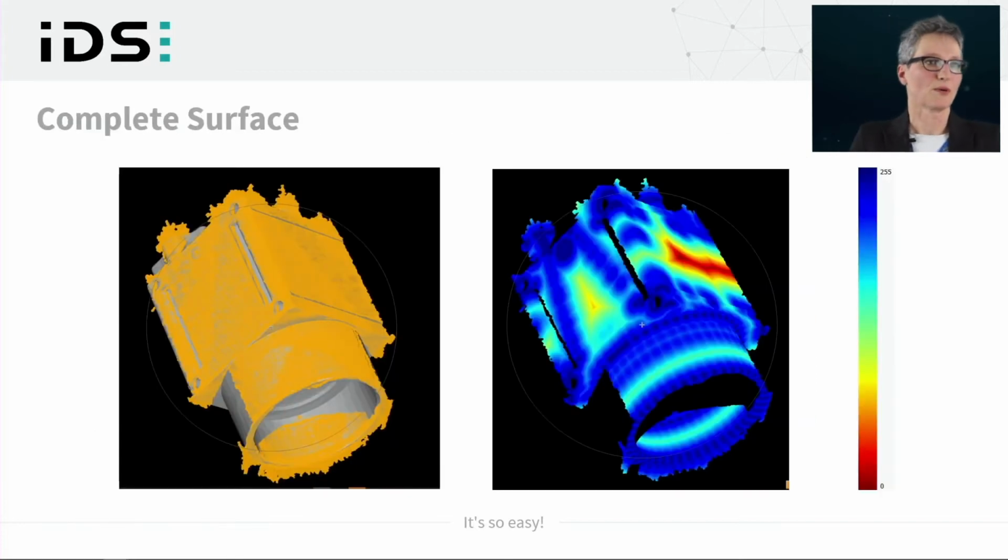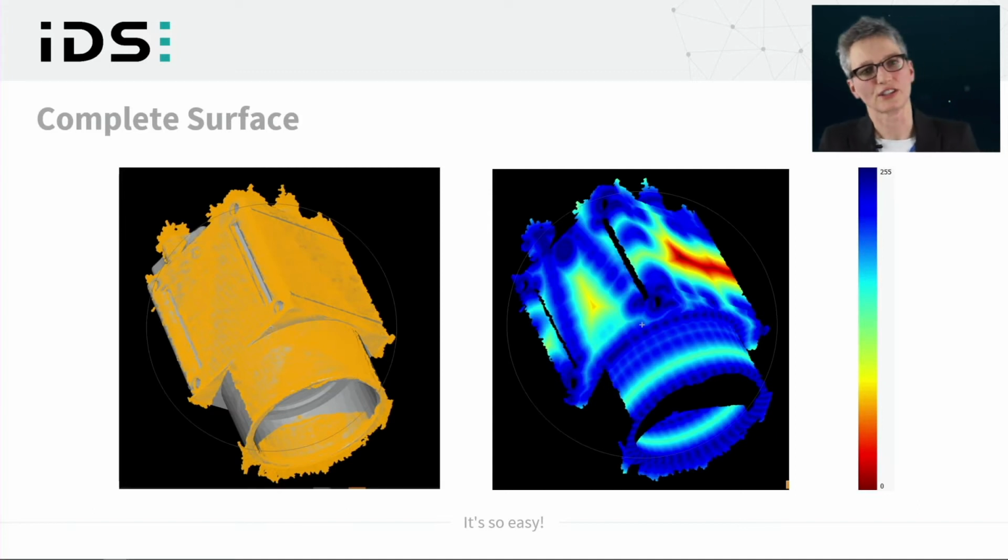Now I will show you what's the benefit of getting complete surface data in points. In the left image, we have in gray the 3D CAD model of the camera housing, and in orange, the points of the point cloud. So you see there are some areas in the point cloud that are not part of the object and some that fit very well.